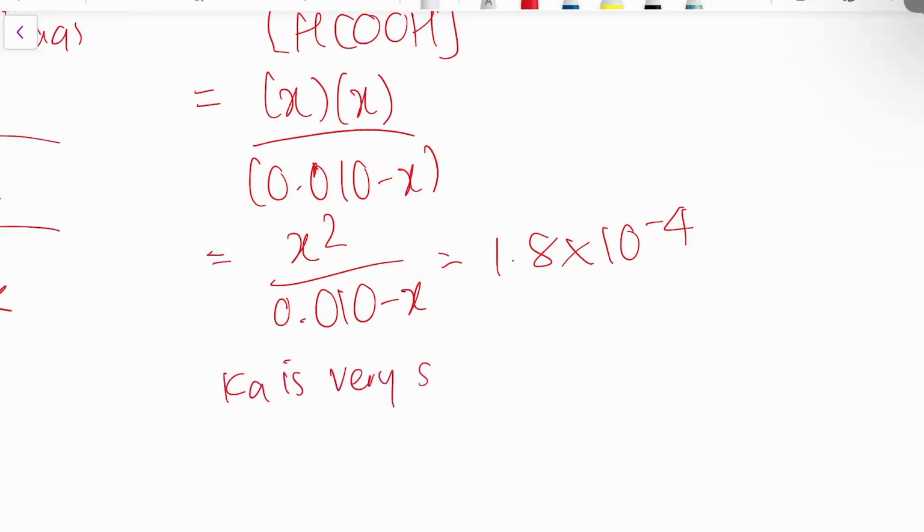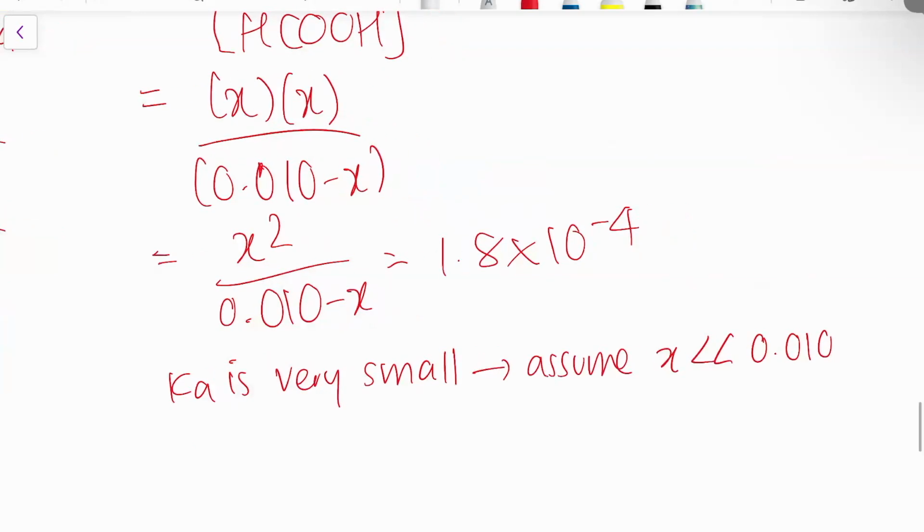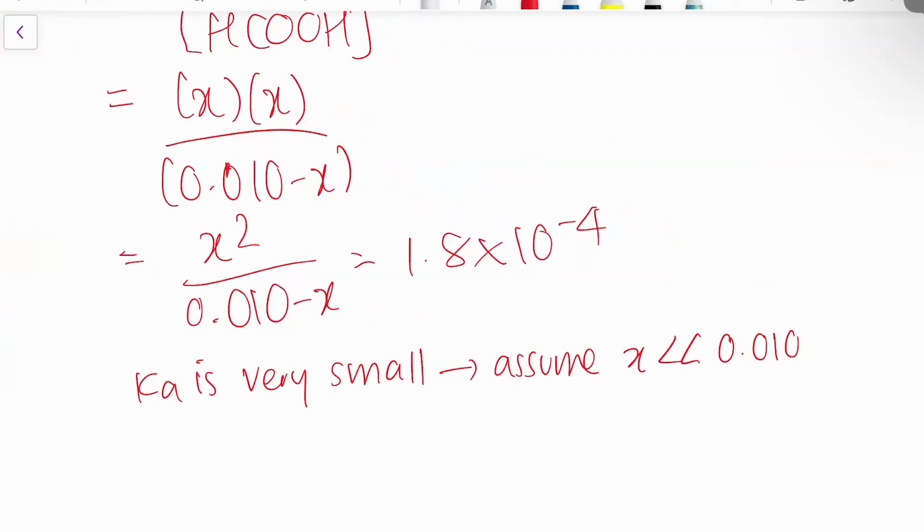If Ka is very small, then the x that goes into solving for Ka is going to be very small as well. So assume x is way smaller than 0.010. So 0.010 minus x is approximately just 0.010.